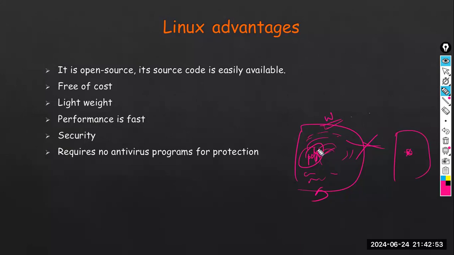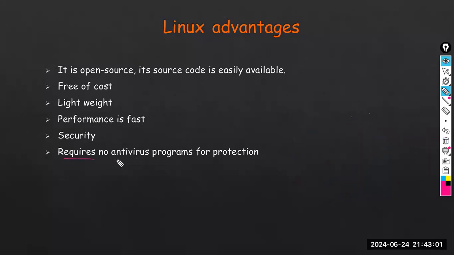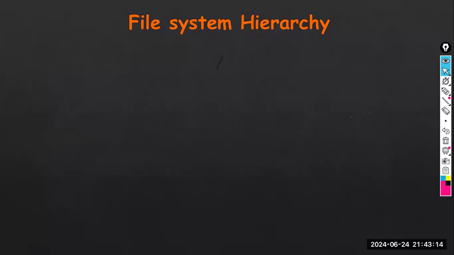But here it's not like that. Slowly it spreads to the entire OS, right? Okay, sir, got it. So that's why in Linux, you need not install any antivirus program, because if you delete that PDF package directly, that's fine. Yes. Next one, file system hierarchy.